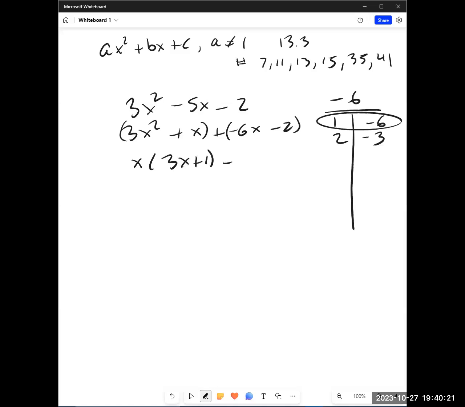Greatest common factor here is -2. Whenever I have a negative for my third term in my factor by grouping, I want to pull out a negative so that these signs will match here. -2, like that. 3x plus 1 times x minus 2.